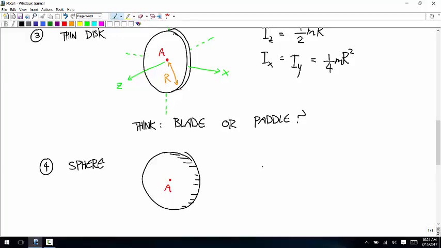And so no matter how your axes are oriented, the moment of inertia about x is equal to the moment of inertia about y, is equal to the moment of inertia about z, and it's equal to 2/5 mr squared.